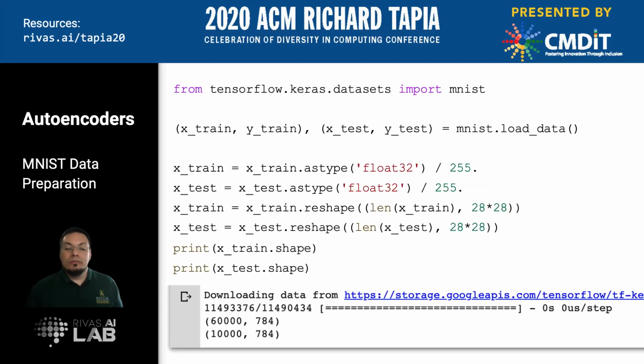We would like to have this data as 32-bit floating point, and we divide it by 255 so that the range of values is from 0 to 1, 0 being black and 1 being white. We also reshape it so that instead of 28 by 28 matrices, each is a single vector of 784 dimensions, like this. The training set will have 60,000 images of numerals and the test set will have 10,000.